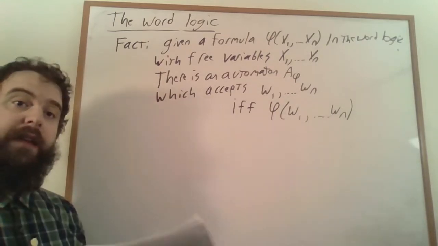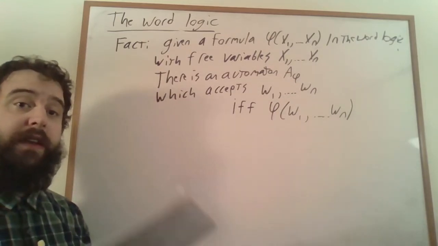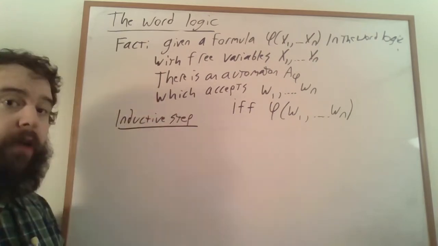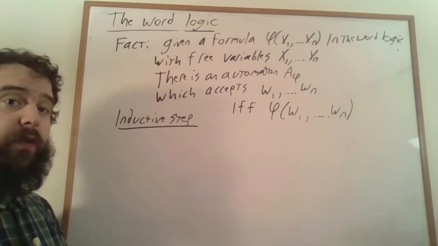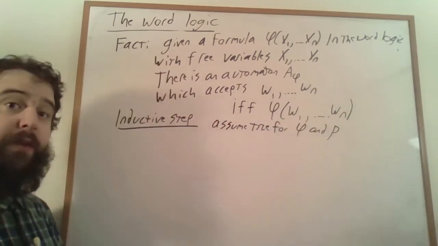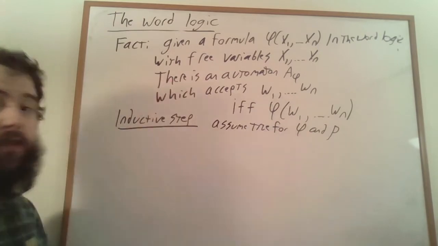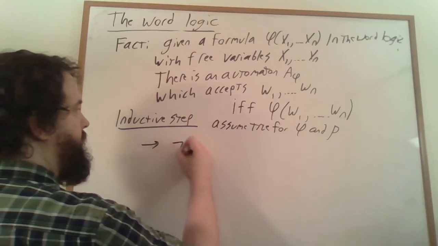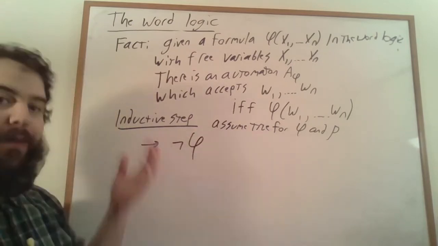Now we induct on the process of constructing larger formulas out of smaller ones. So here we assume it's true for formulas phi and rho, and then we need to prove that our assertion is true, for instance, for formulas of the form not phi. What does that mean?